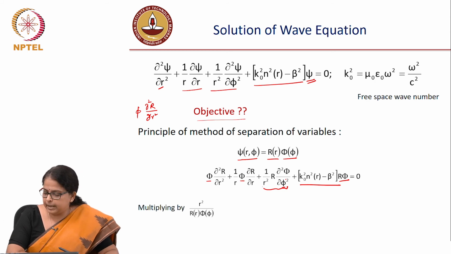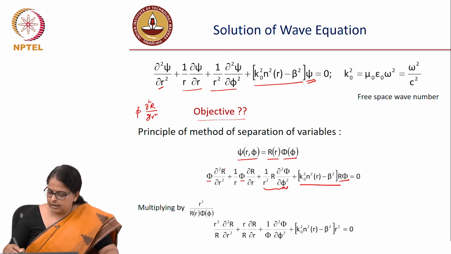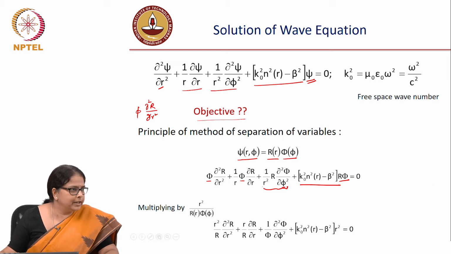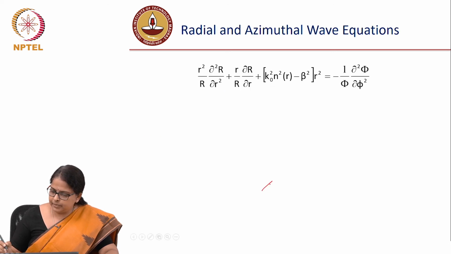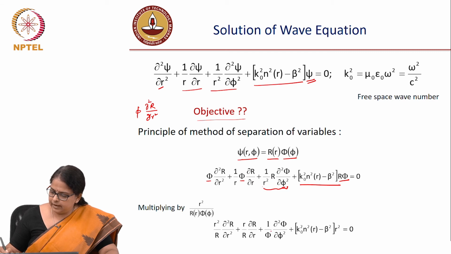So, I multiply it by r² divided by RΦ. When I do that operation of multiplication and division, I get r²/R ∂²R/∂r² and so on, then 1/Φ ∂²Φ/∂φ² plus this, because I multiplied by r², I will have this r² here. Okay.